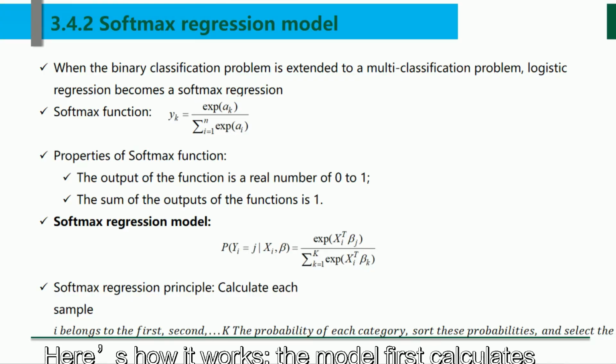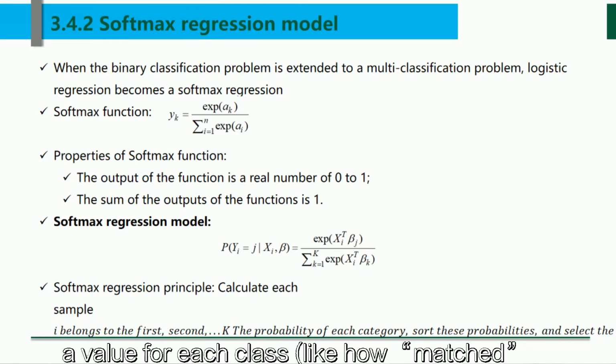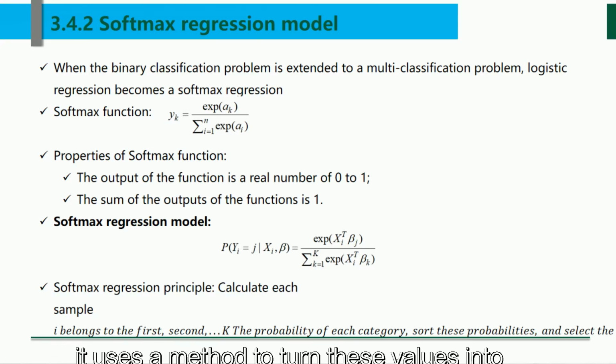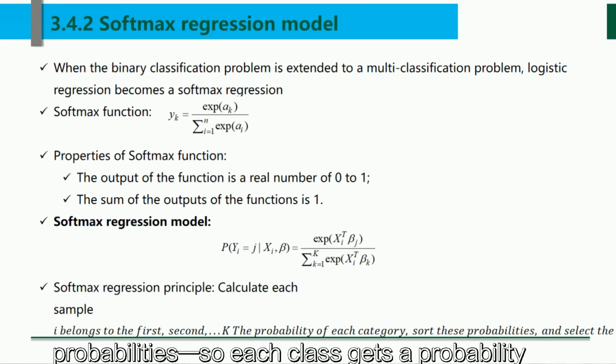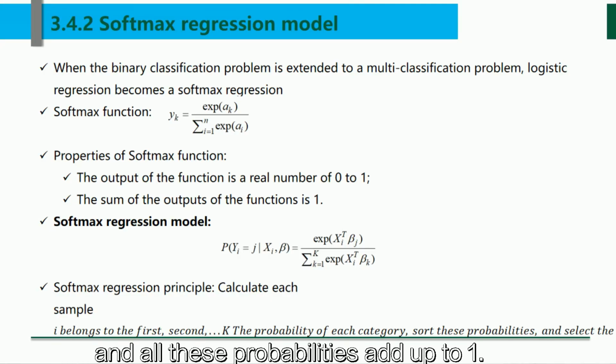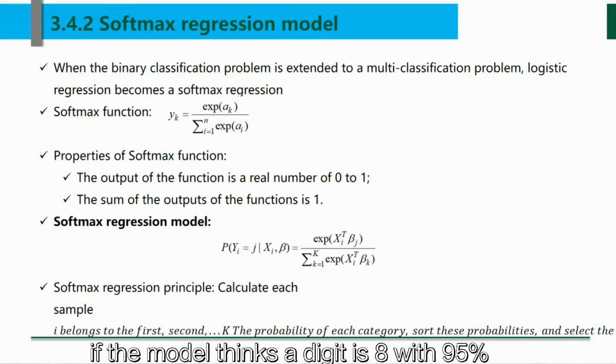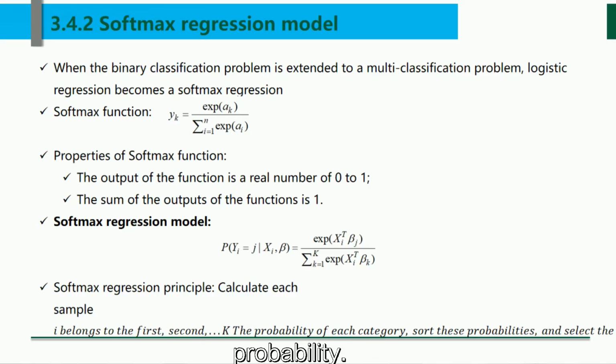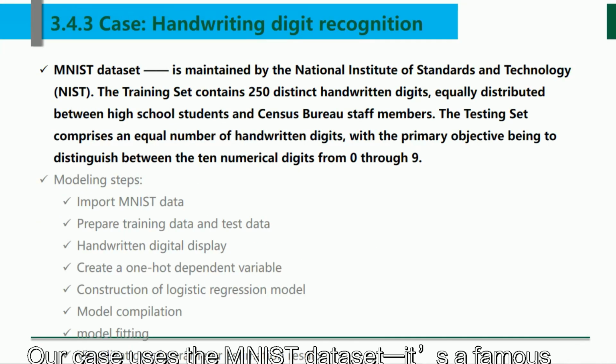The model first calculates a value for each class, like how matched the sample is to digit 0, digit 1, etc. Then it uses a method to turn these values into probabilities, so each class gets a probability, and all these probabilities add up to 1. For example, if the model thinks a digit is 8 with 95% probability, the other 9 digits will share the remaining 5% probability.